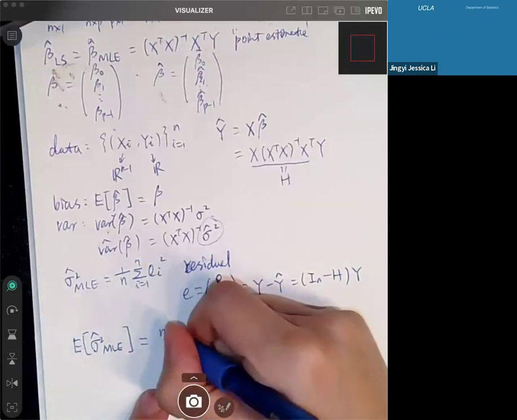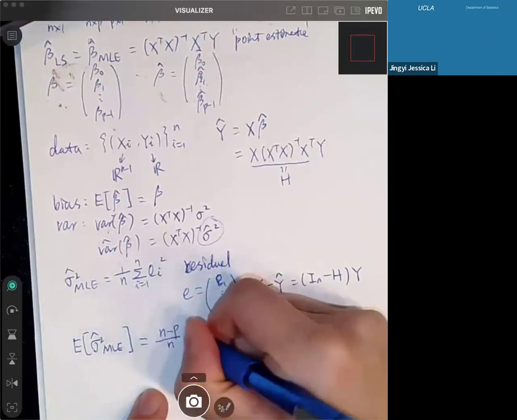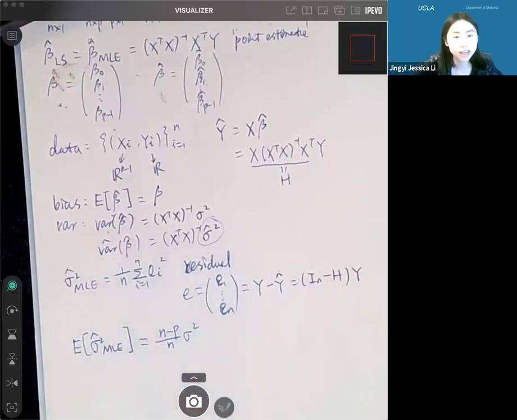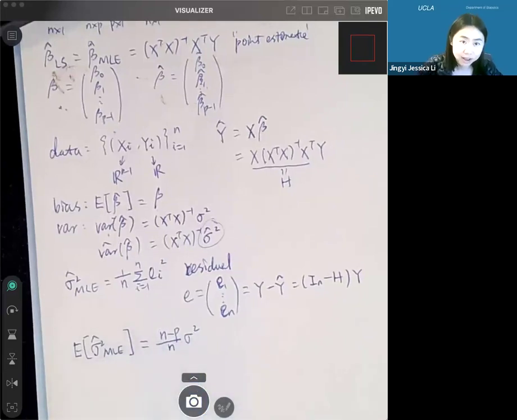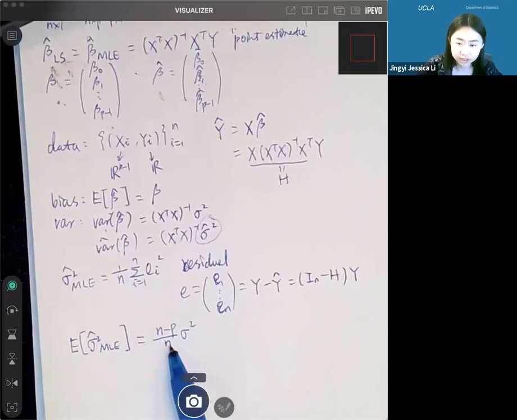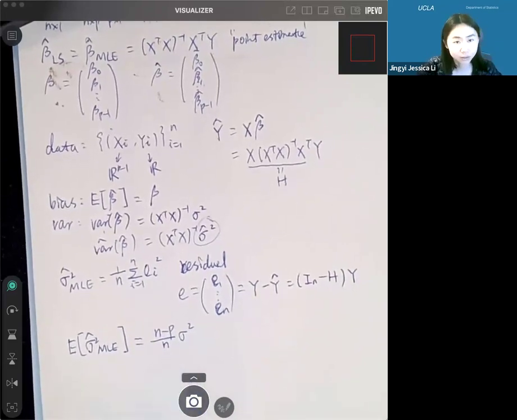Instead, it's (n minus p) over n times sigma square. So we have this finite sample bias. When n is very, very large, like n much bigger than p, it doesn't matter, and the bias goes down to 0. But when n is not so much bigger than p, you will have this ratio, which is less than 1, and that will cause the bias.